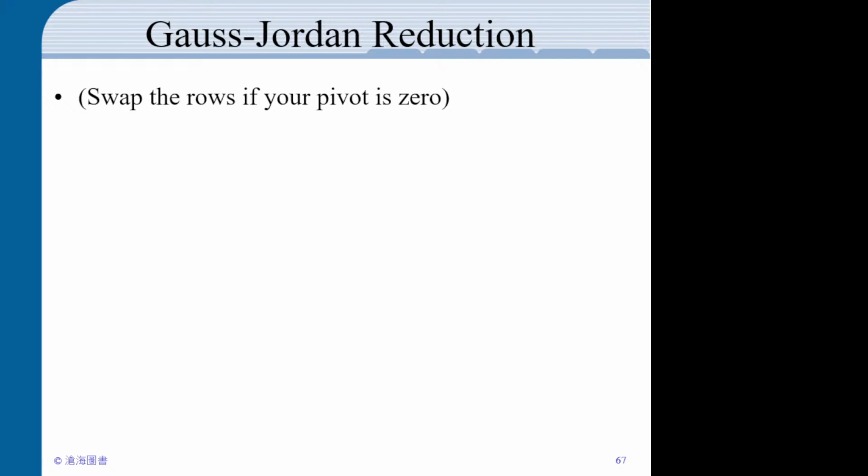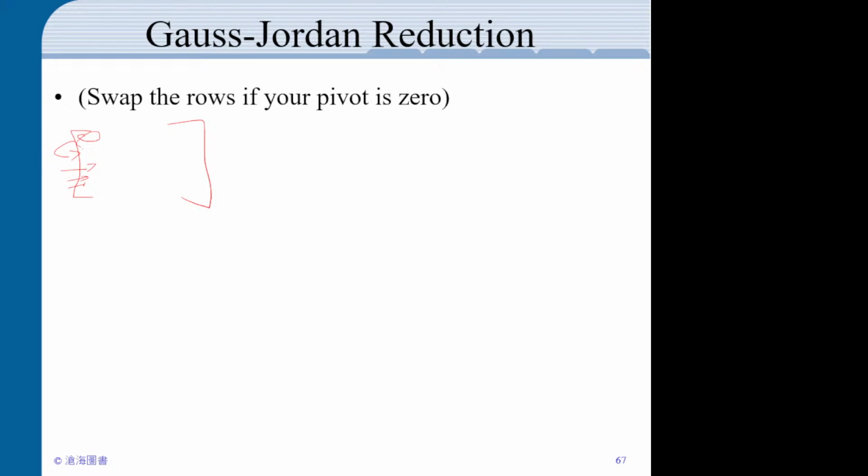So you need to swap the non-zero pivot into your pivot row, and you start with setting your first row as pivot row and this as a pivot, and you try to eliminate those things into 0. Let's see what's a good way to draw this.